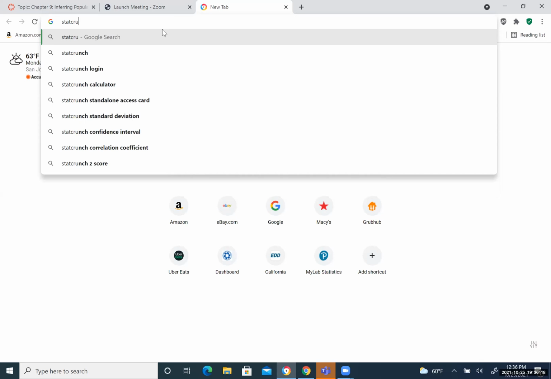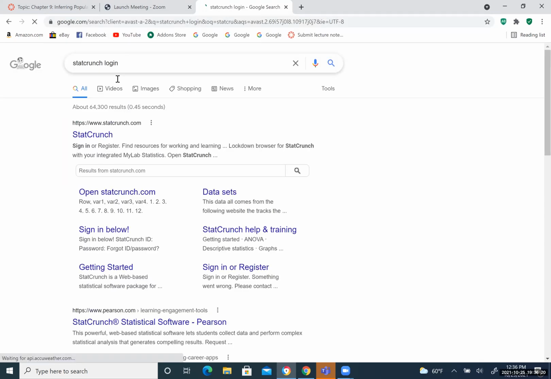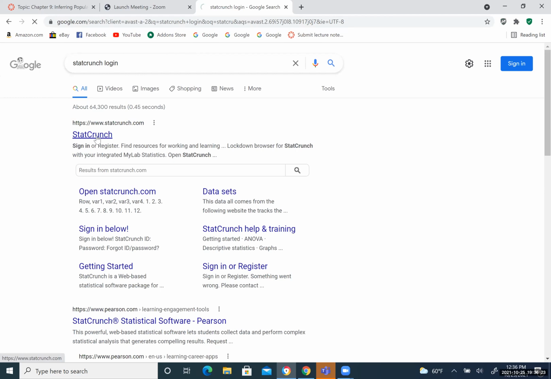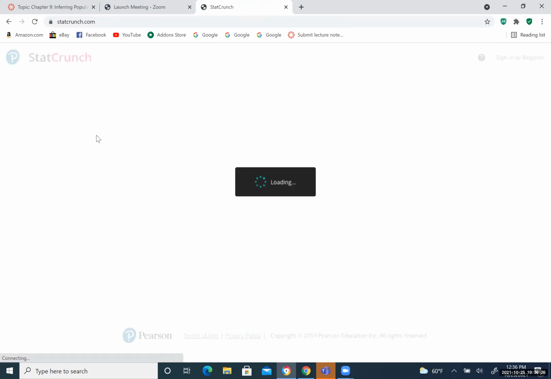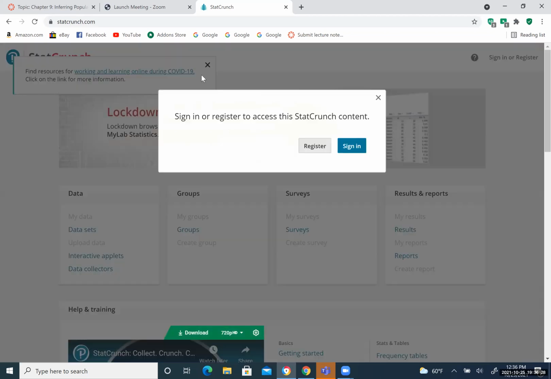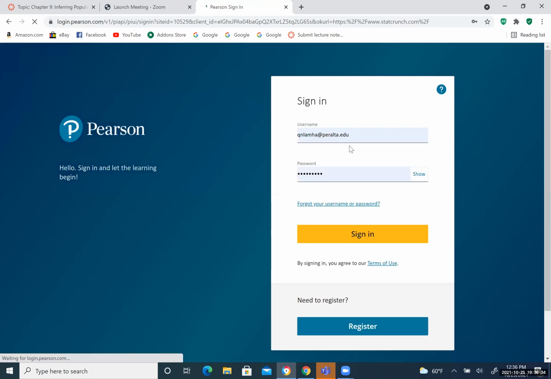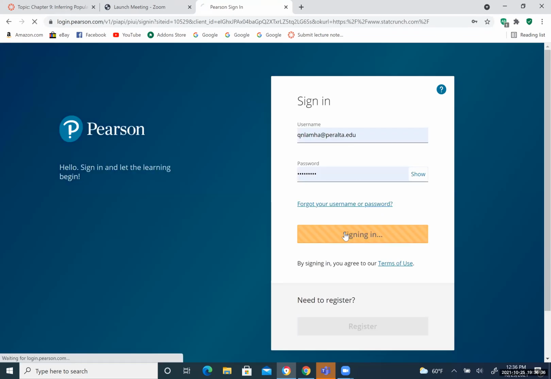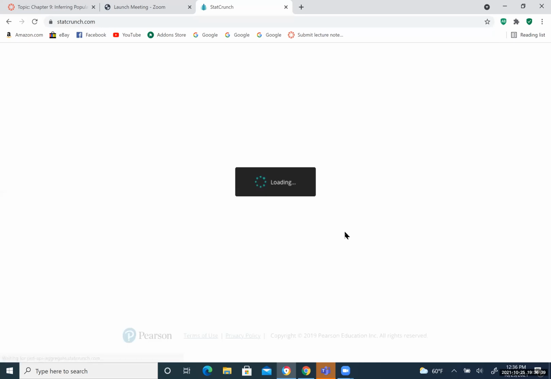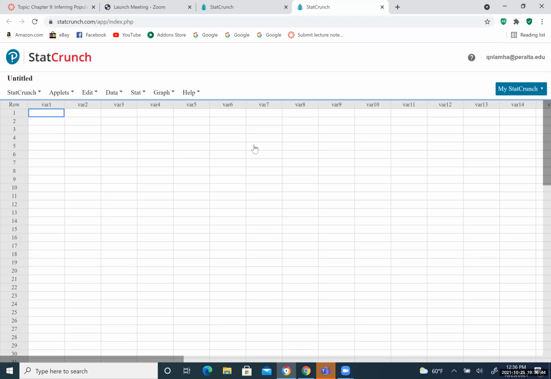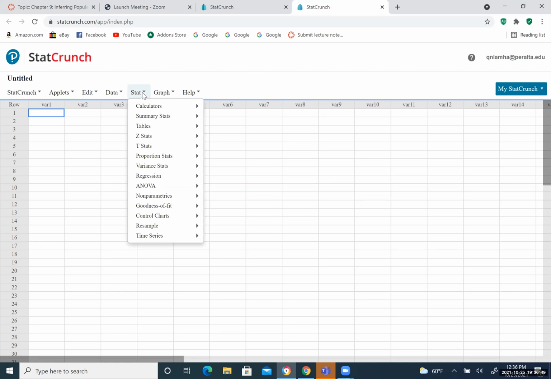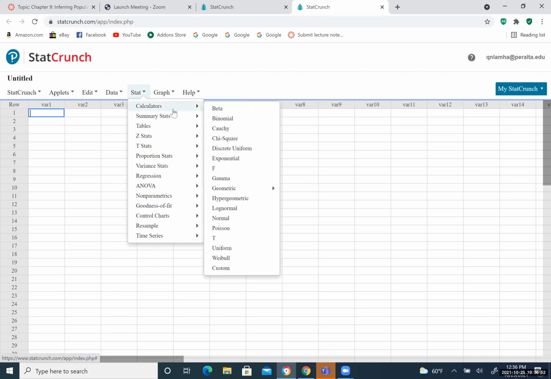Open StatCrunch. In order to run it, I go to Stat, go to Calculators, and then all the way to Normal.